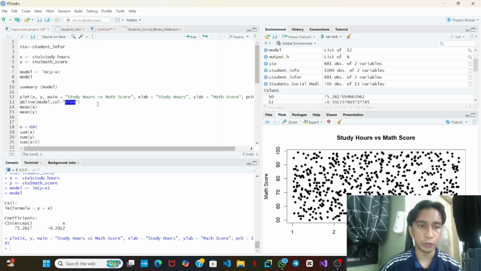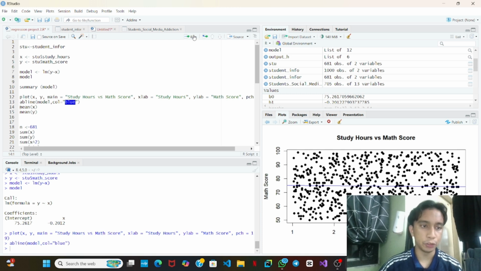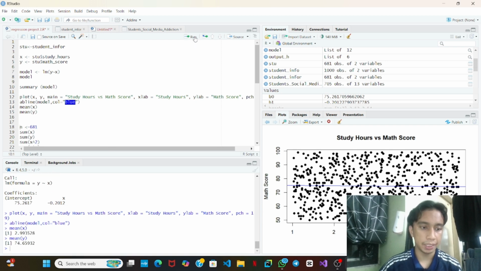Then we move on to the mean to find our SST, SSR, and SSE. So the mean for the x variable and y needs to be calculated first. So we have mean x and mean y, and then we need to put in our sample size, which right now is 681. So n equals 681.